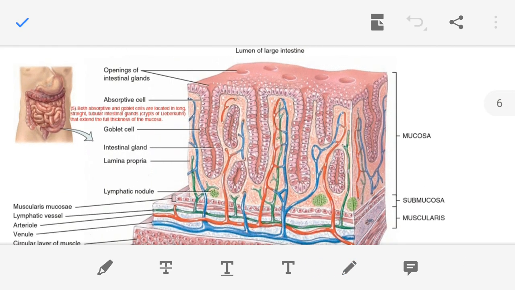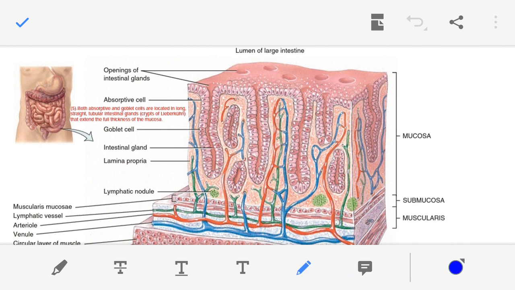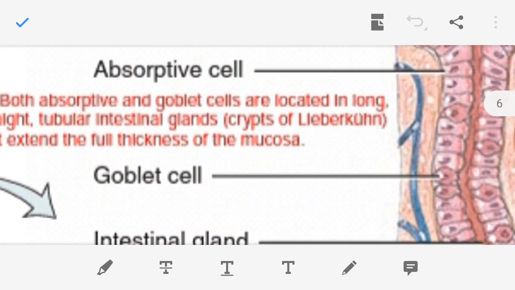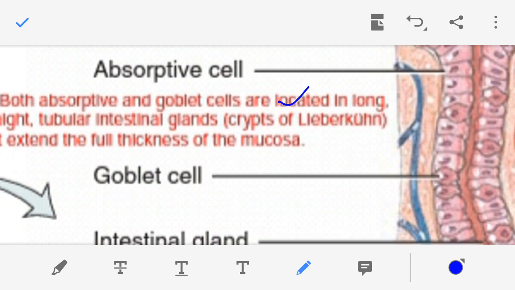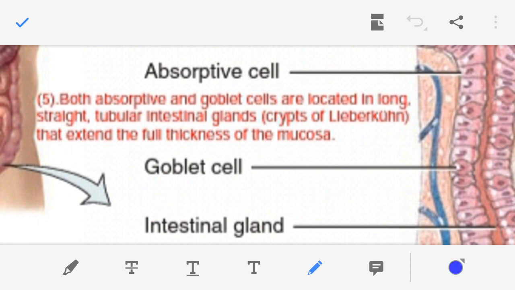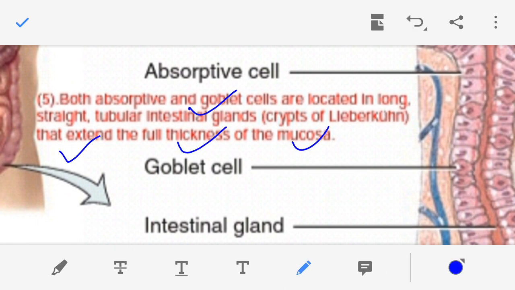So here, see, this one is the intestinal gland, this one, this one, this is also an intestinal gland. These are all intestinal glands, and the other name for the intestinal gland is crypts of Lieberkuhn. This intestinal gland extends into the full thickness of the mucosa.